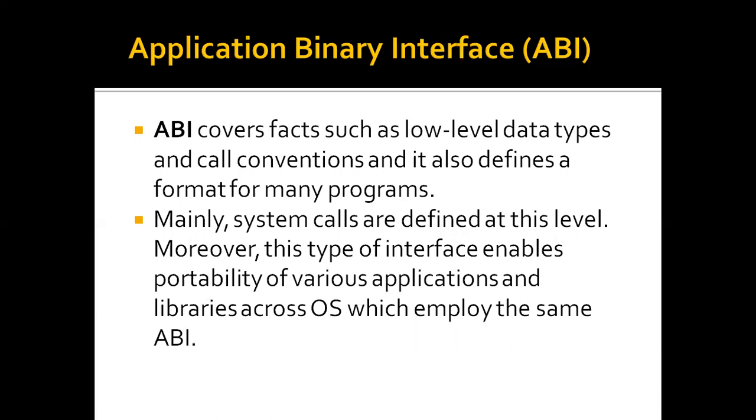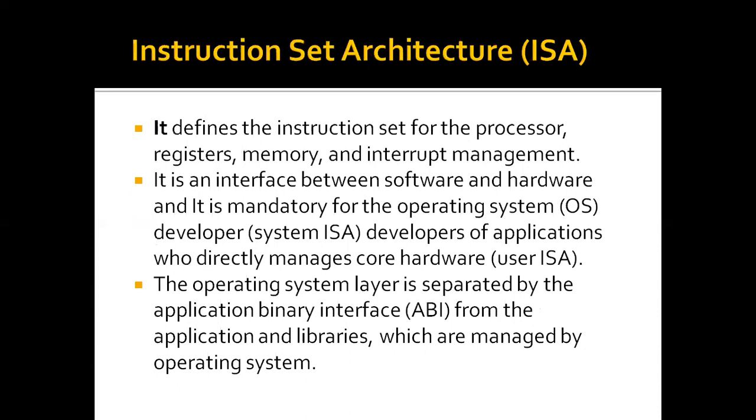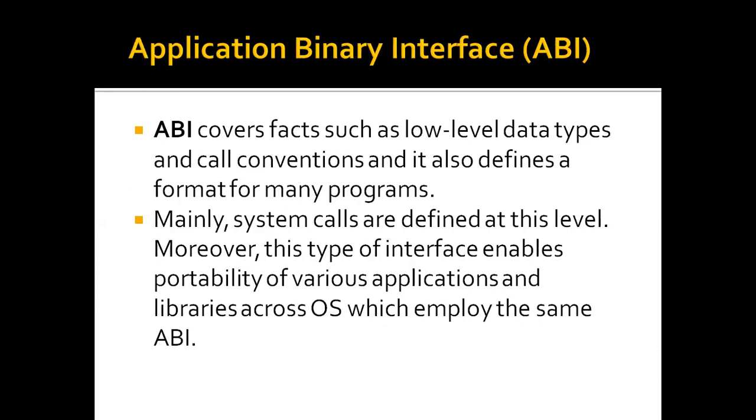It tells us the formats for how to design programs. As we already said, the operating system layer is separated by the application binary interface from the application and libraries that the operating system has to manage.